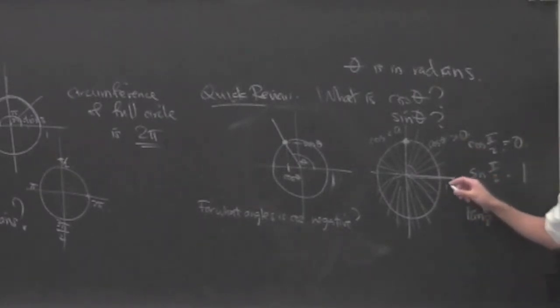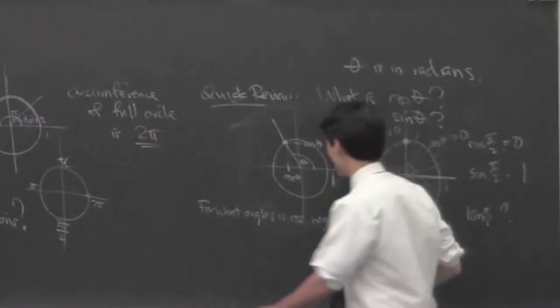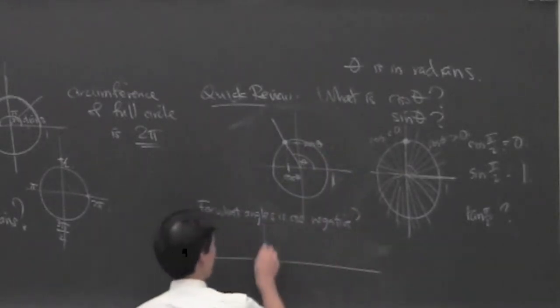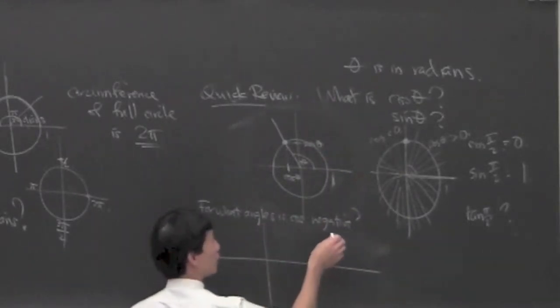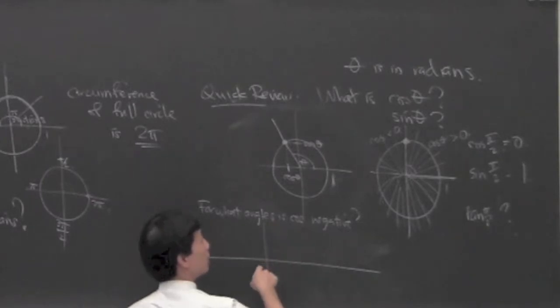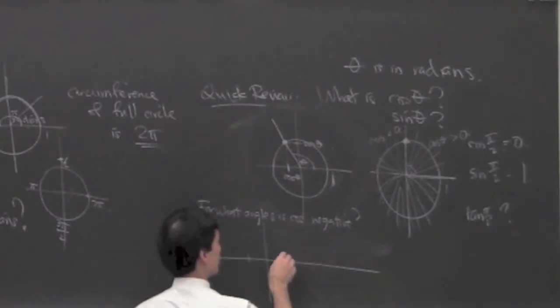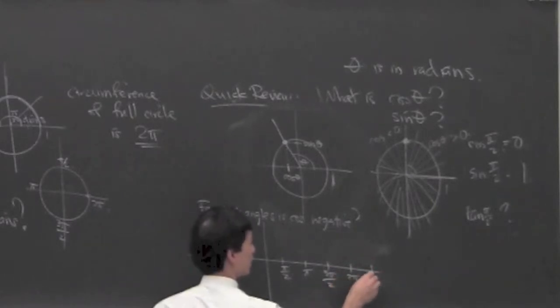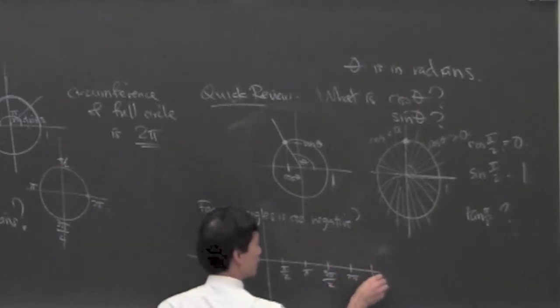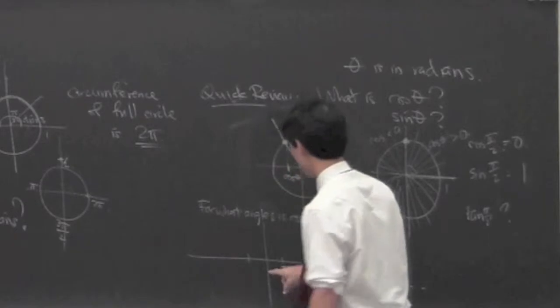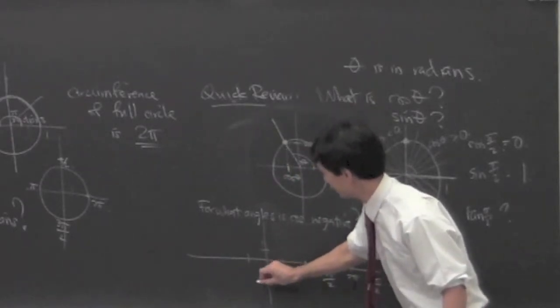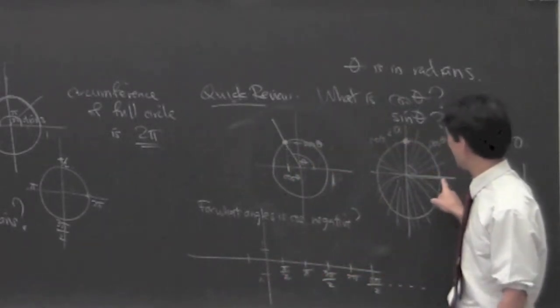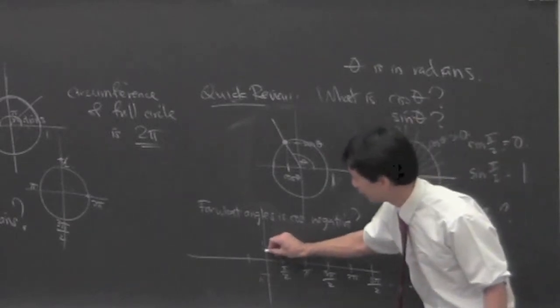Okay. If we were drawing a graph of it, here's pi over 2, here's pi, here is 3 pi over 2, here's 2 pi, 5 pi over 2, etc. Let's say that this is 1 and this is negative 1. At time 0, the cosine is 1.